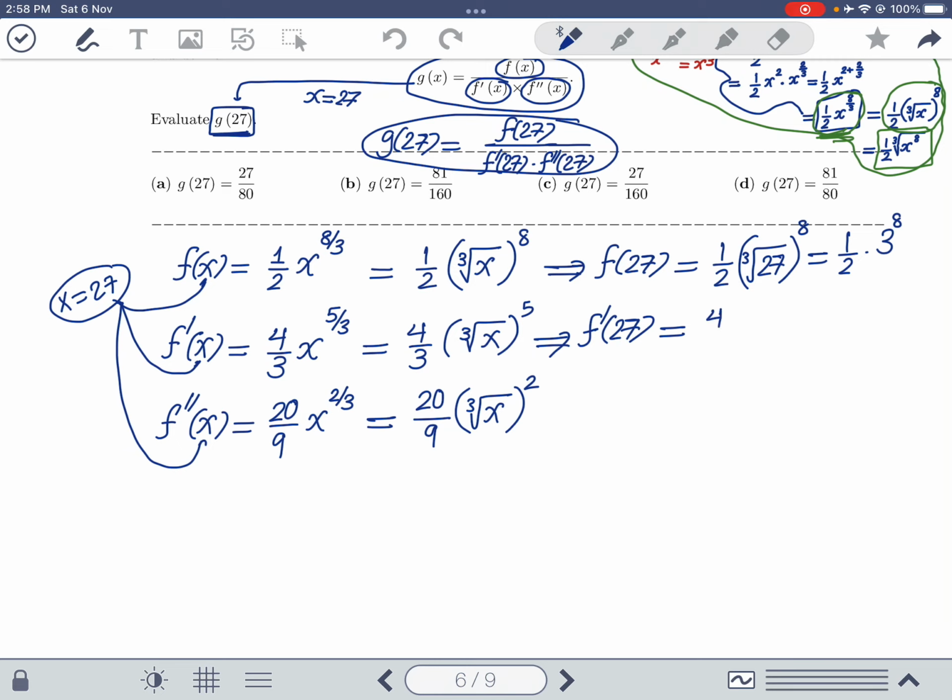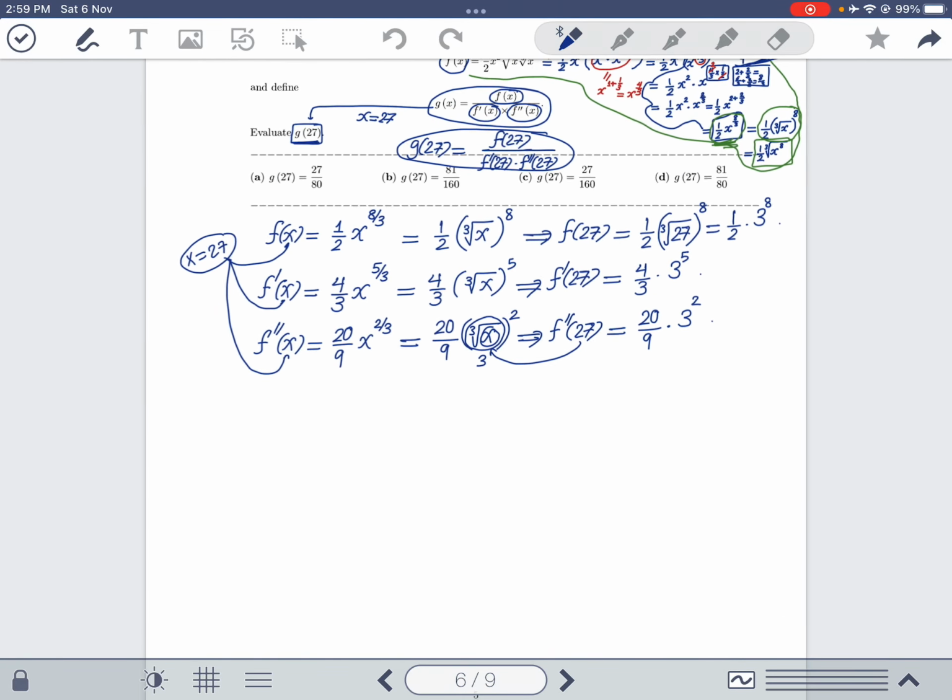So this will be 4 over 3 times 3 to the power 5, and this last one, f double prime of 27, you replace 27 here instead of x, cubic root of 27 is 3, and so you'll get 20 over 9 times 3 squared.